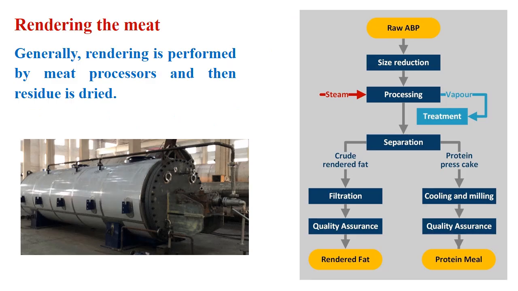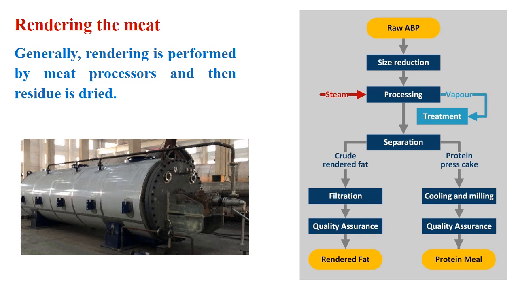So here once again briefly we will explain about the rendering, though I have two separate lectures on this. One is about the details about the rendering plant, another is about the detailed methods of processing in rendering. So it is a process mostly done by the meat industry people. From there these ingredients come to the pet food manufacturer.